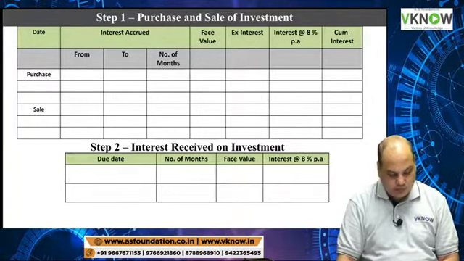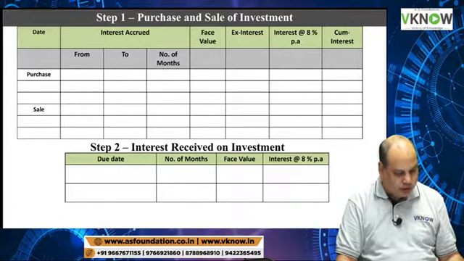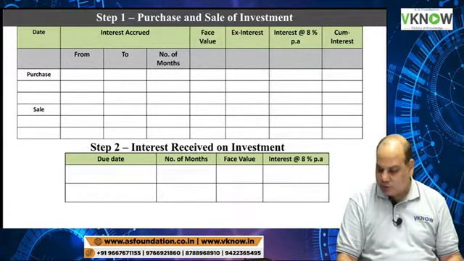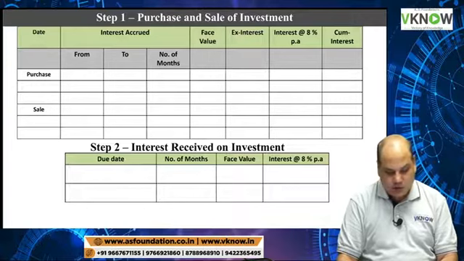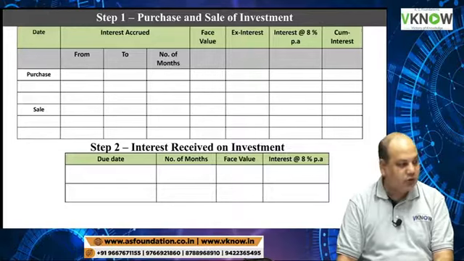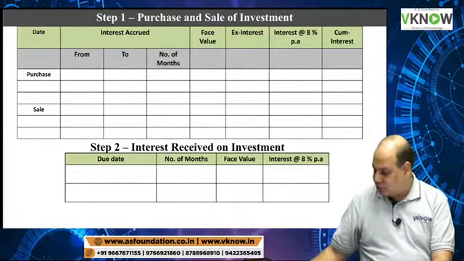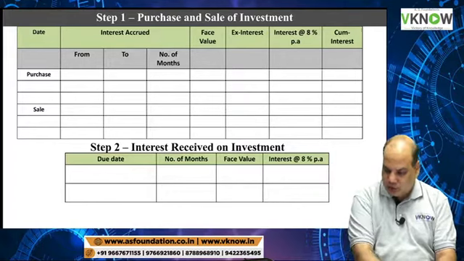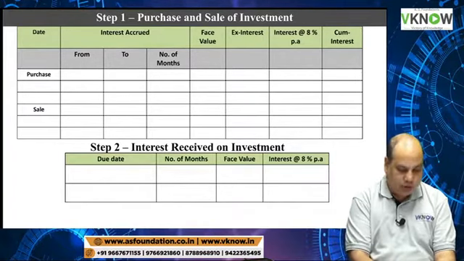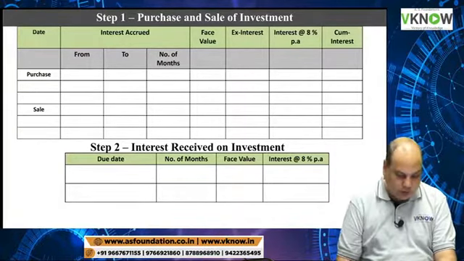Format is same. I am not changing the format so that the student can understand better. First you write down purchase and sale of investment, format, date, interest accrued, 3 columns, from, to, number of months. Then you write down face value. Then you write down ex interest. And then you write down interest at the rate of 8%.